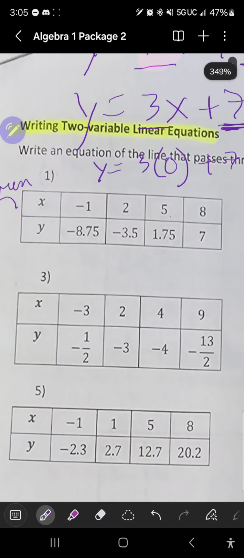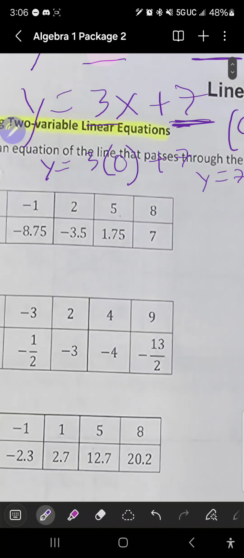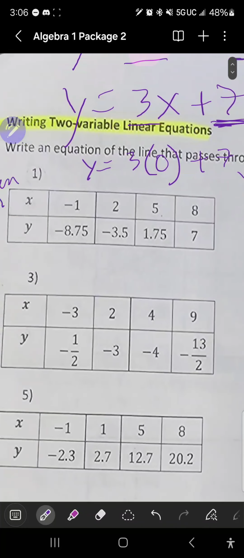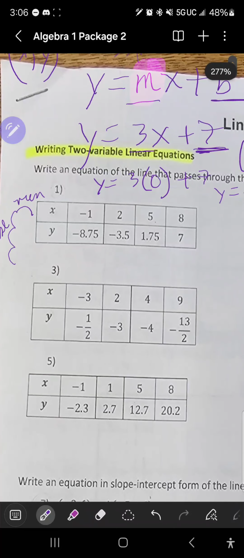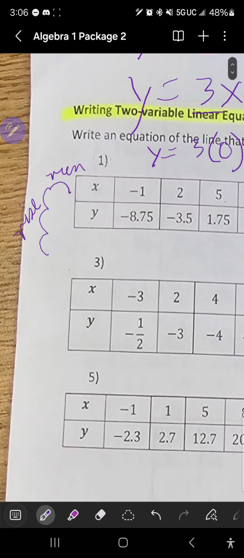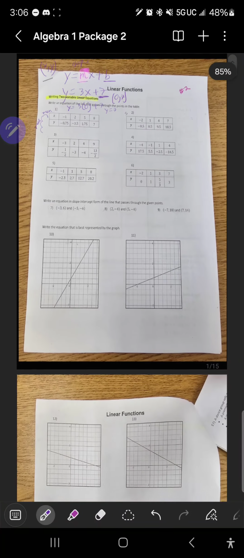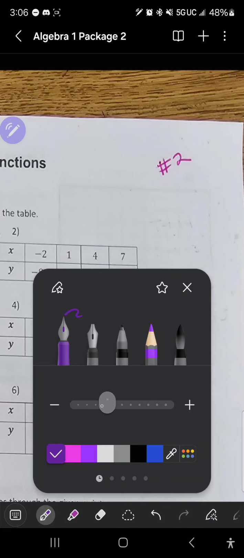Now in this case we have these numbers, but we don't have the y-intercept or anything like that, but we can calculate it. To calculate an equation, we're going to use another formula that I'll explain right now, but first let's calculate the slope. This is the formula for the slope.